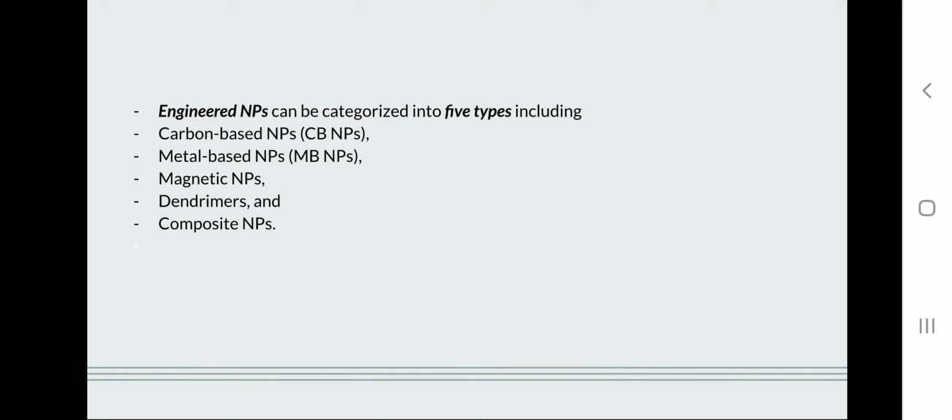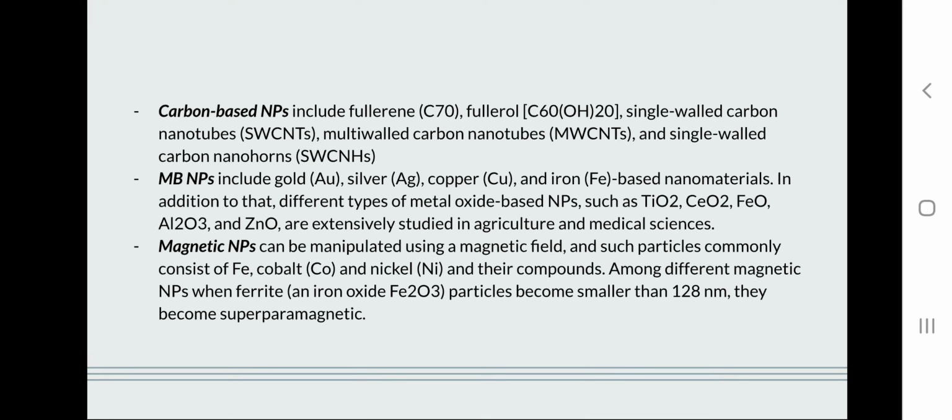And the last category is the engineered nanoparticles, and these can again be classified into 5 categories: carbon based nanoparticles, metal based nanoparticles, magnetic nanoparticles, dendrimers, and composite nanoparticles. Now let's see what these different classes are.